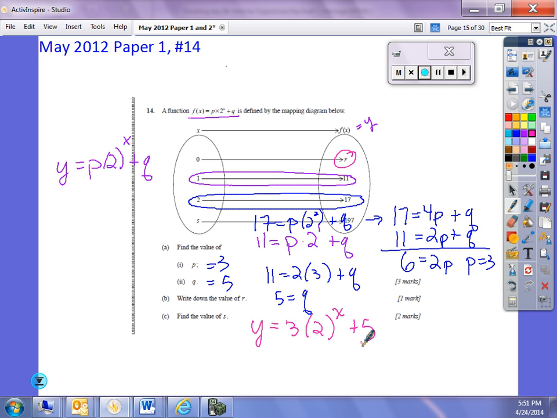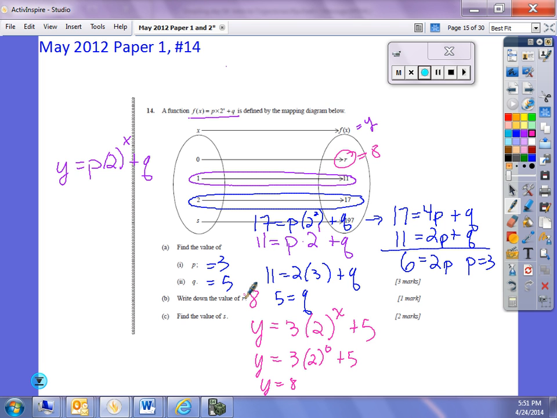If I'm looking for r when x is 0, let's watch what happens. y is equal to 3, let's remember order of operations, 2 to the power of 0 plus 5, but 2 to the power of 0 is 1. So that means that y is equal to 8, or r is equal to 8.